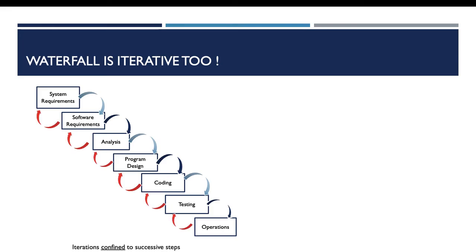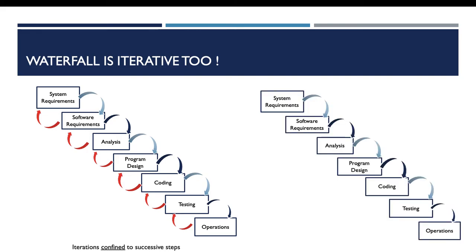This kind of iteration is used when a limited modification is required. Another type of iteration is not confined to successive steps, and this kind of iteration is used when a major modification is required.